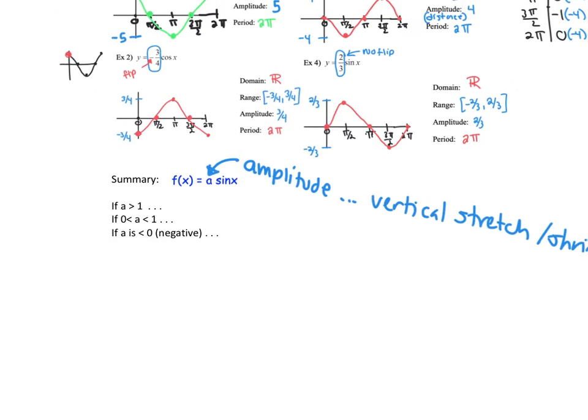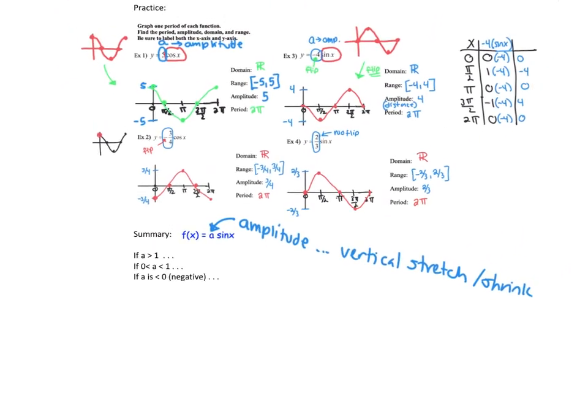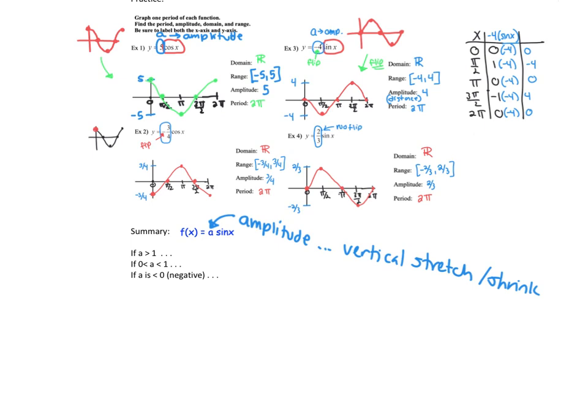What we've seen here is that if the a value is more than 1, so example 1 here where the a value was 5, for example, that's going to stretch it out. That's going to make it 5 times larger. So this is an actual stretch, and it's going to make it taller.